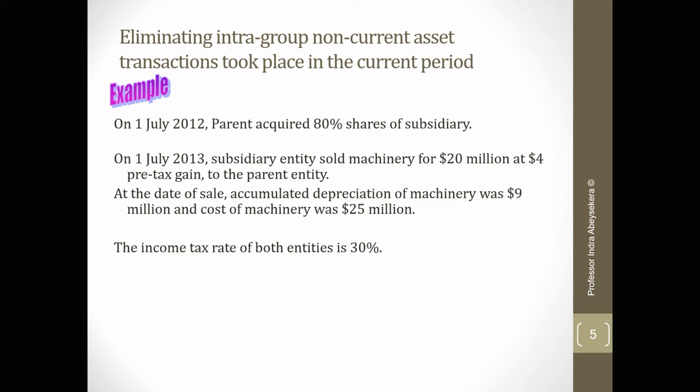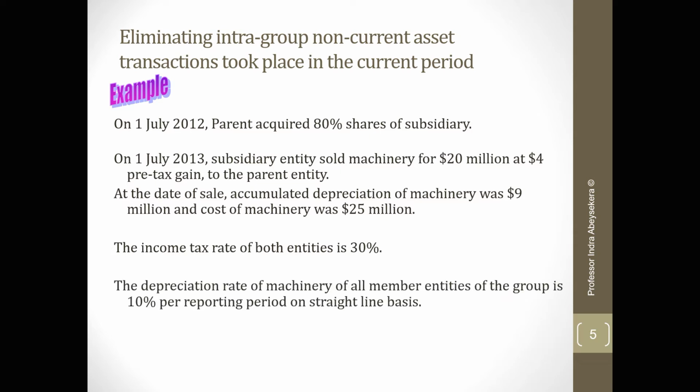Income tax rate for both parent and subsidiary are 30%. So the depreciation rate that is applied across the group is 10% per reporting period on a straight line basis.